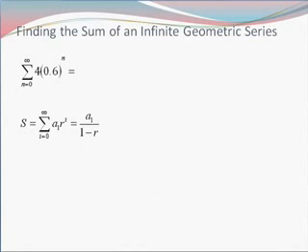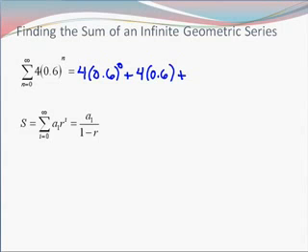Let's start by writing out the first couple terms of this sum. We have 4 times 0.6 to the 0 power plus 4 times 0.6 plus 4 times 0.6 squared, and it just goes on and on like that.